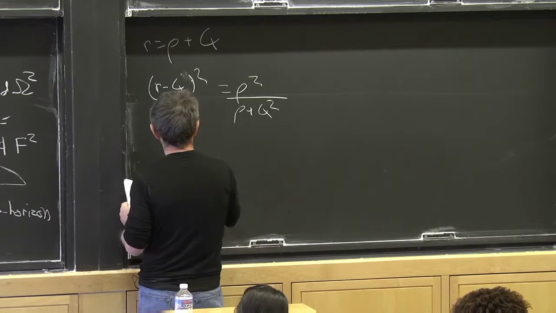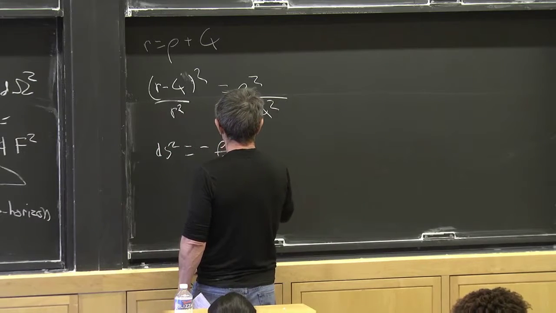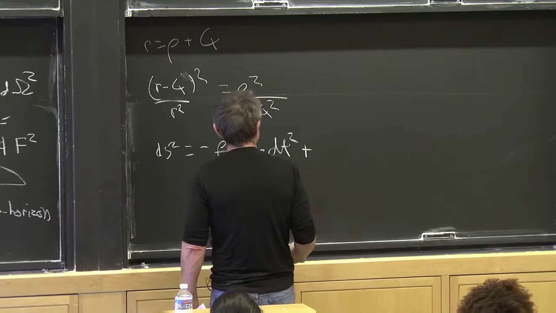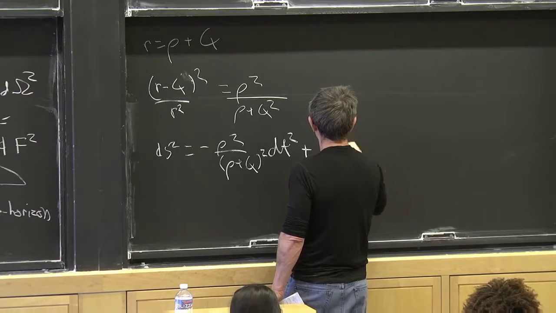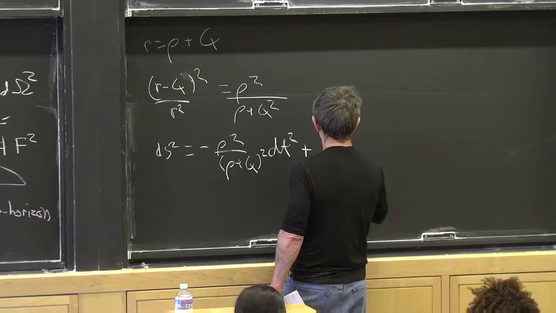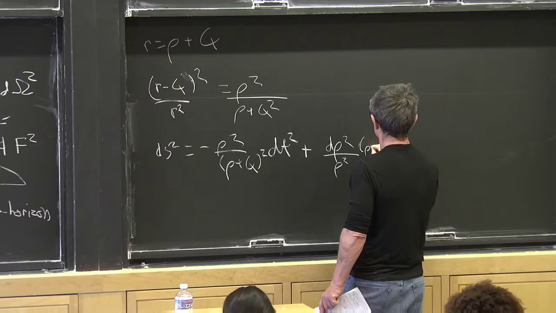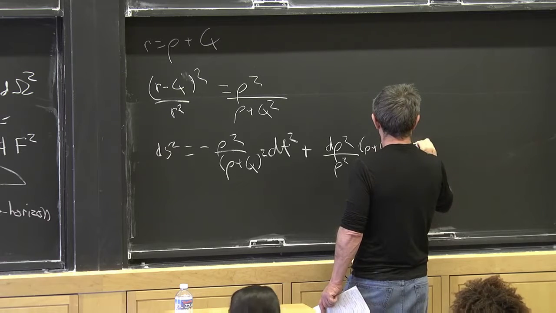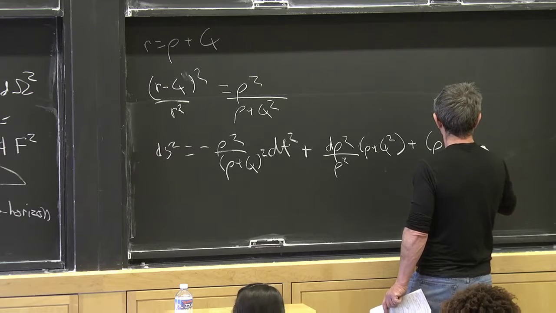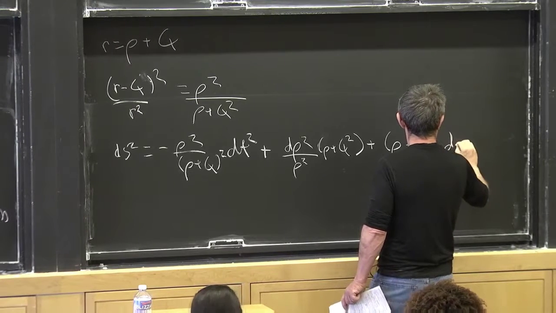And so the metric becomes ds squared equals minus rho squared over rho plus q squared dt squared, plus dr, which is d rho, squared over rho squared times rho plus q squared, plus rho plus q squared d omega squared.